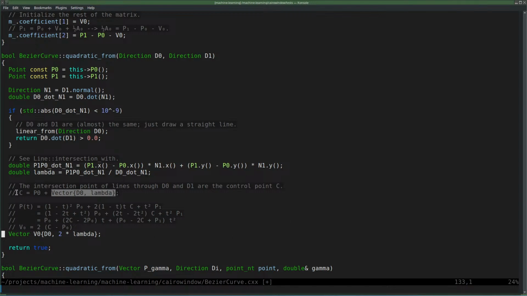Yeah, C minus P0. Yeah, whatever. That is this, and then times 2. This is just in this direction of that length. Make the length twice as large.